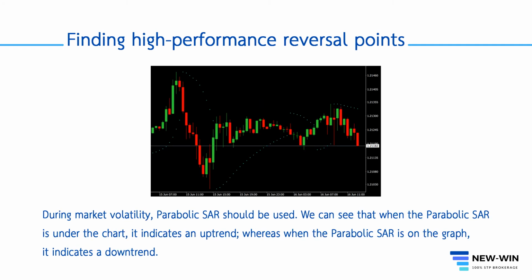The second way is parabolic SAR. During market volatility, parabolic SAR should be used. We can see that when the parabolic SAR is under the chart, it indicates an uptrend, whereas when the parabolic SAR is above the graph, it indicates a downtrend. We will open the order when the SAR point changes the trend.